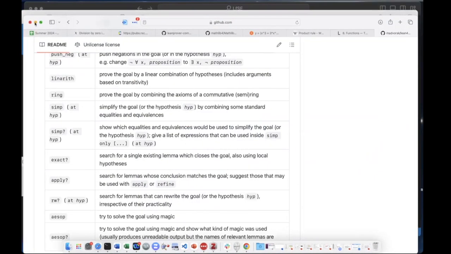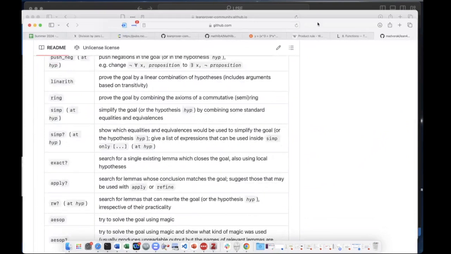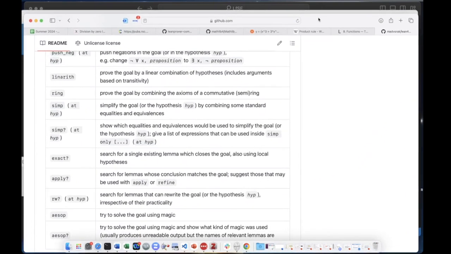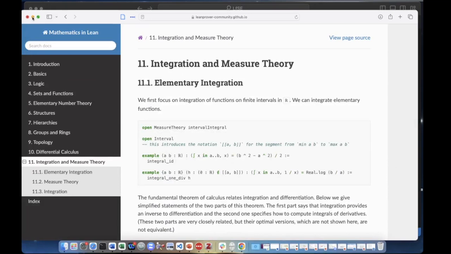Sometimes you need to find your way through the maze. Sometimes you can simply give it the solution to the maze, and Lean is going to check the path that it goes. But it's a lot harder to search through the maze and find a path that works than it is to prove that an existing path is going to work.